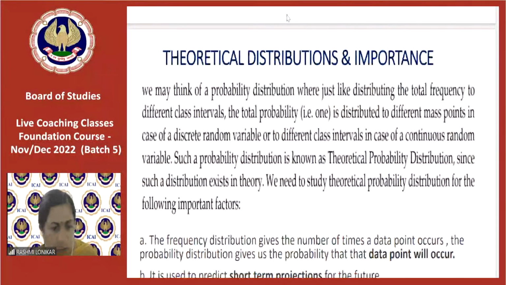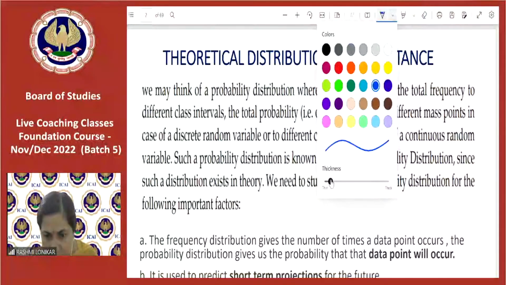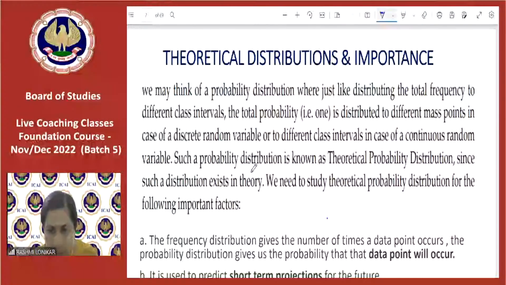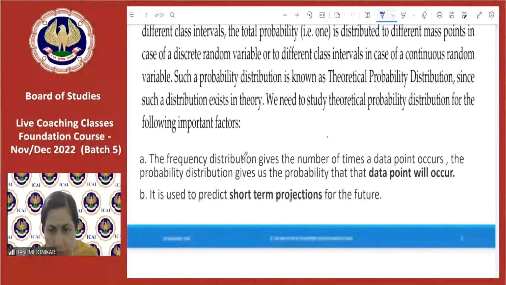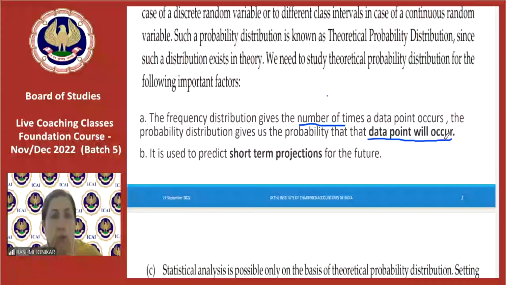As we have already been talking about theoretical distributions and their importance, why we are studying them is that a frequency distribution gives us the number of times a data point occurs, whereas the probability distribution will tell us whether or not the data point will occur.